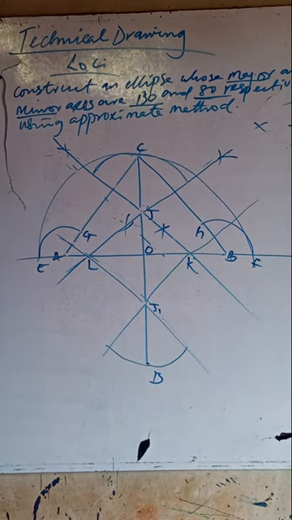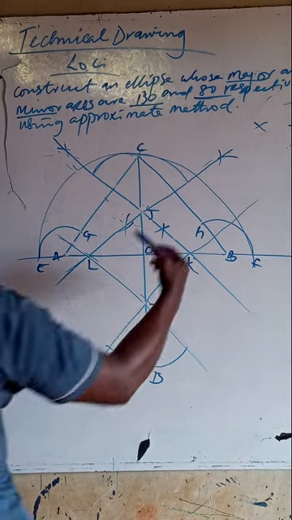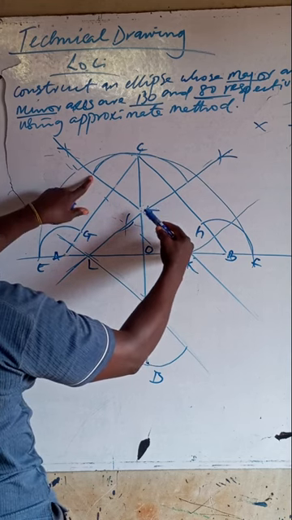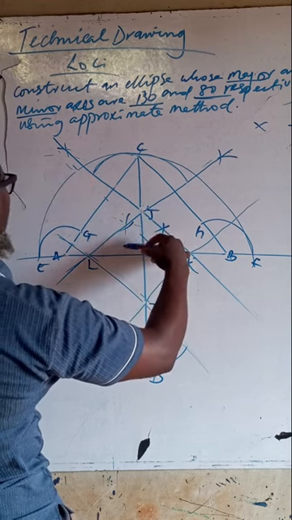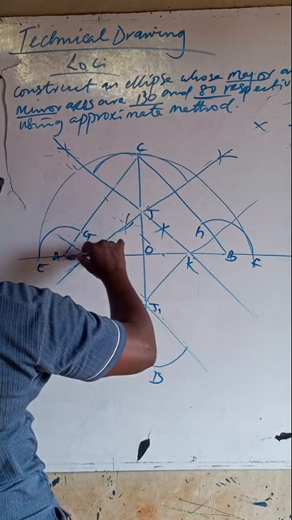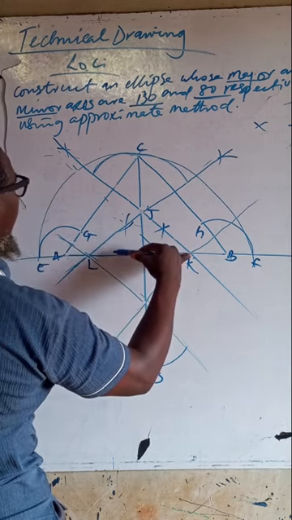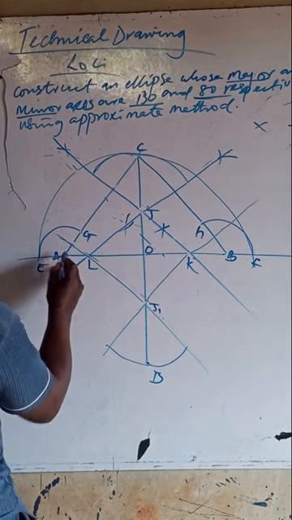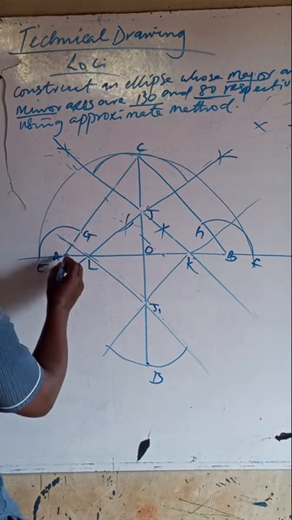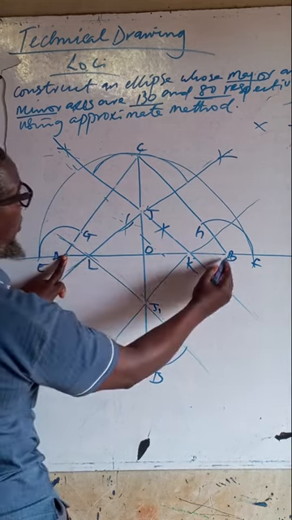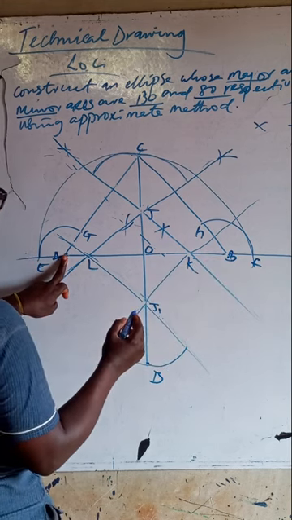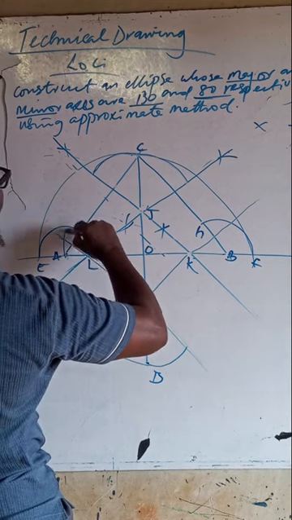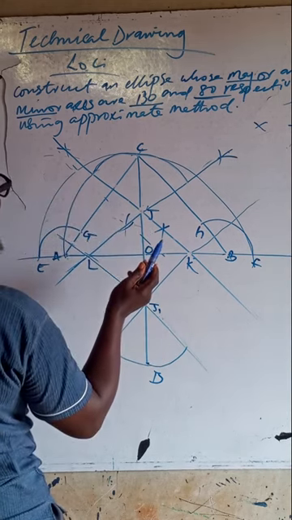Now, how do you do the remaining part? You come to K here like this and extend it to this point, or you put it on A like this. Put your pin on K and your pencil on A, remember A is the end of the ellipse. We measure from here to be about 80. So that's where it will stop. You put it on K and extend it to A, then you draw this.